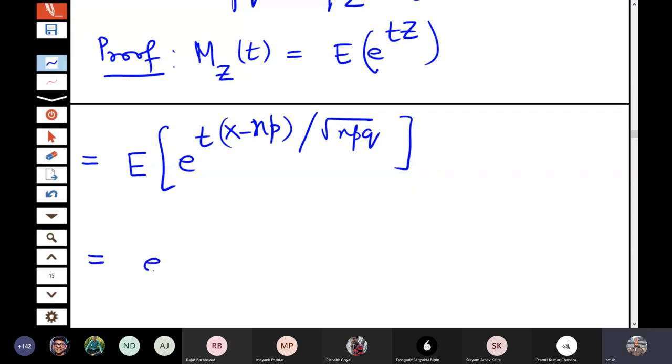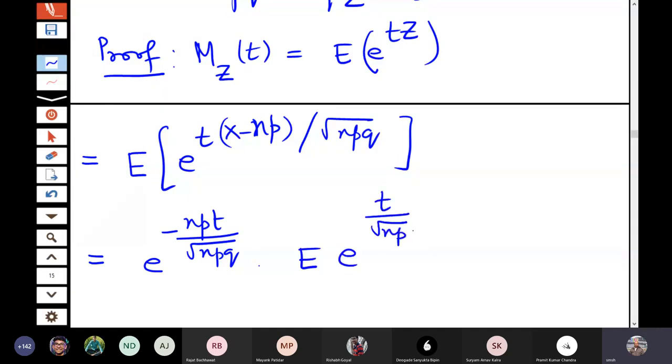So this is equal to e to the power minus npt by root npq into the expectation of e to the power t by root npq into x.